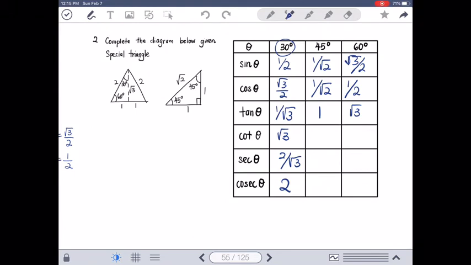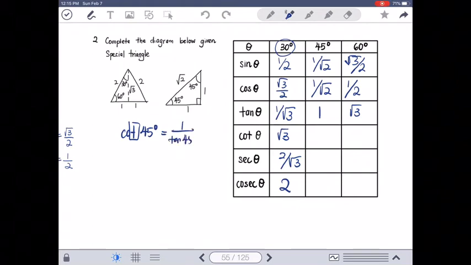Okay, let's try for cot. Cot 45 degrees, the third letter is T, so 1 over tan 45 degrees, which is 1 divided by tan 45, which is just 1. Okay.